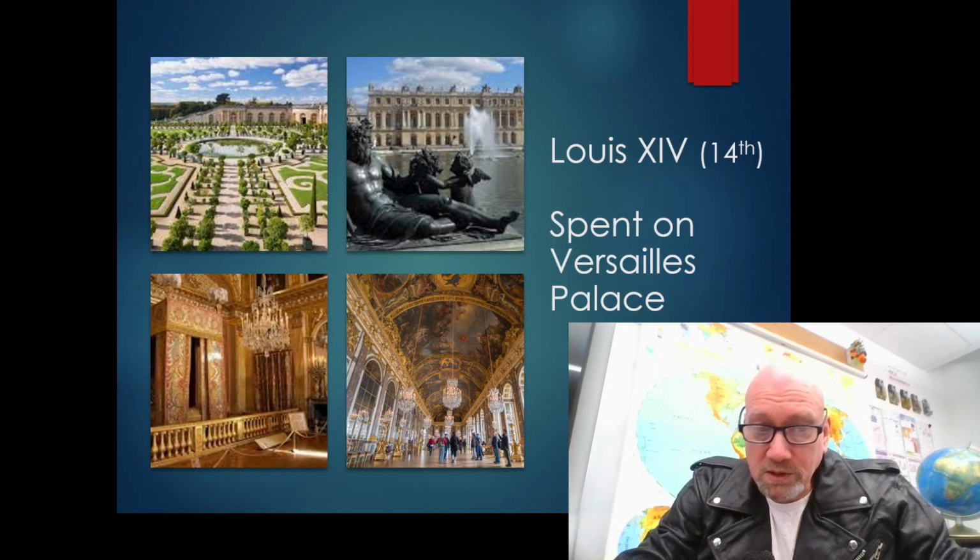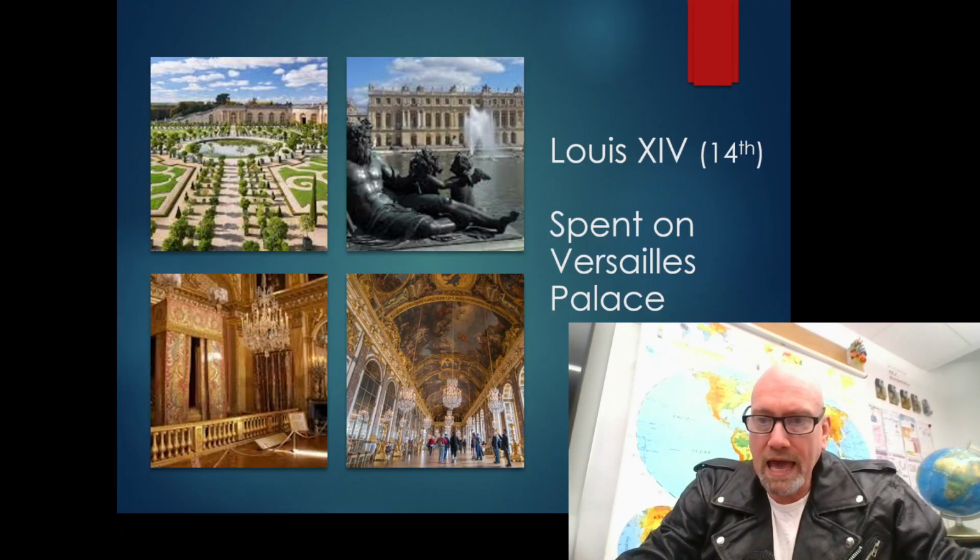Okay, we've been talking about spending. King Louis XIV, the Sun King, the one that said, "I am the state," he spent money on the Palace of Versailles, as well as fortresses in North America. Extravagant, luxurious, a radical wealth inequality between the great king and the poverty of the people.